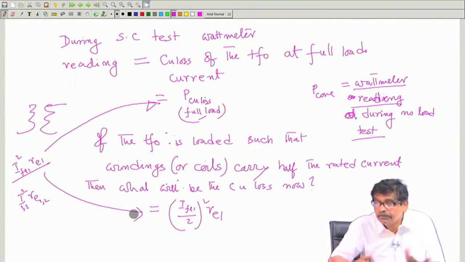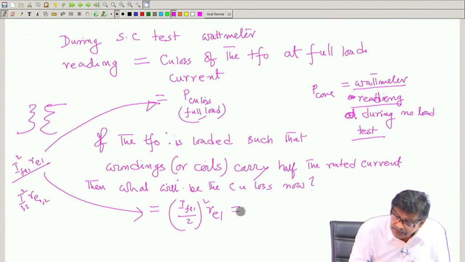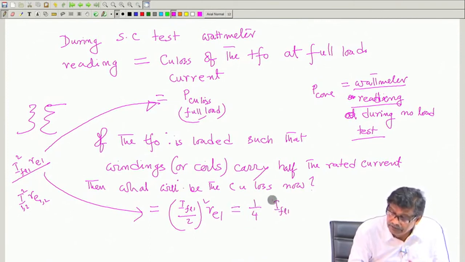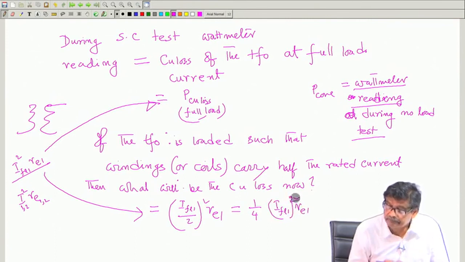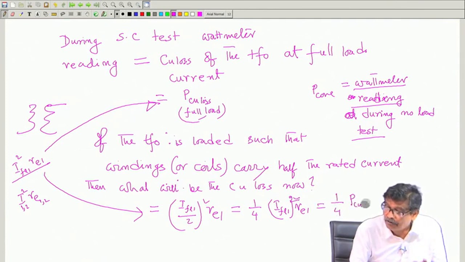So, I square into R_E1 will be the total copper loss, that is, it will become equal to 1/4 into I_FL1 squared into R_E1, which is nothing but 1/4 into P copper loss at full load.